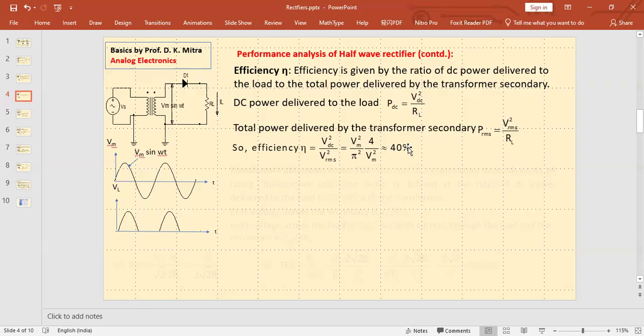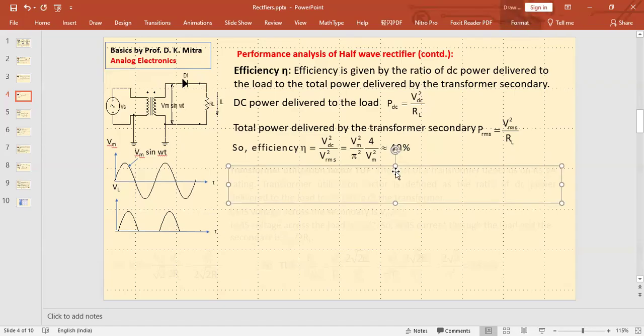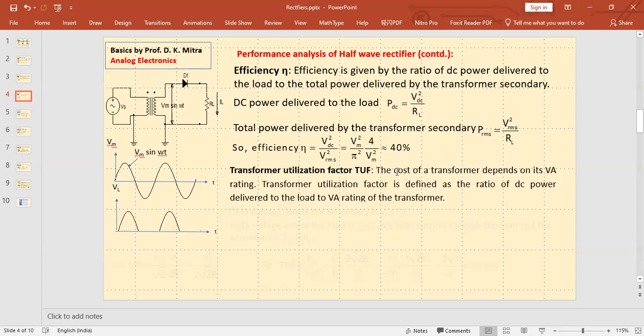If possible, we shall design a rectifier of higher efficiency. Then comes another factor. This is a very important factor, the transformer utilization factor. Why do we bother about this? The cost of a transformer depends upon its VA rating.